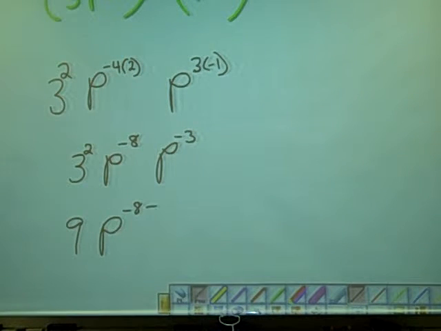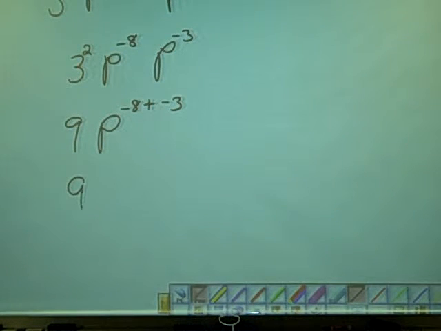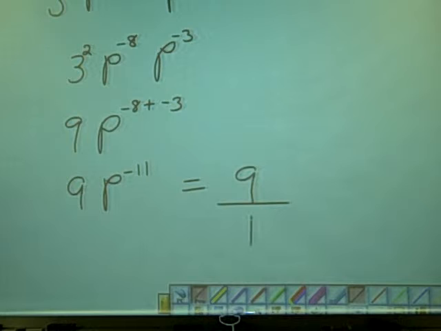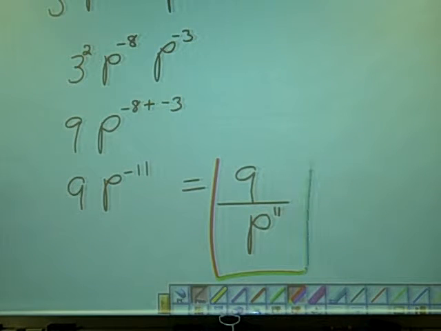Add. Yeah, -8 plus a -3, right? First exponent plus the second. And we see that this will be 9 P to the -11, but we can't leave it this way, right? So this will be 9 over P to the 11. Okay? Questions with that?